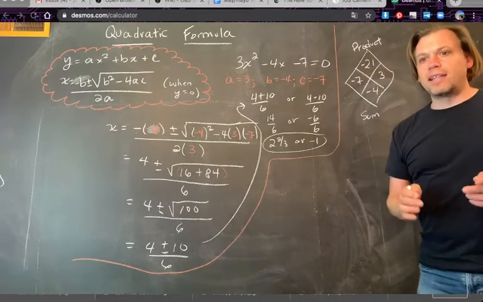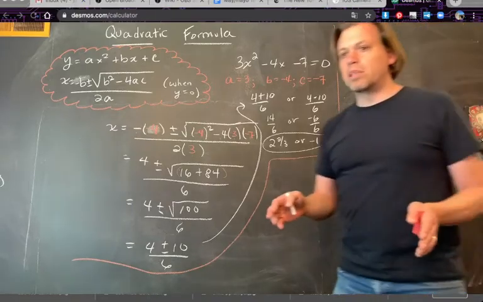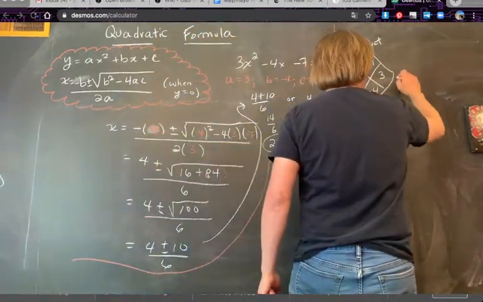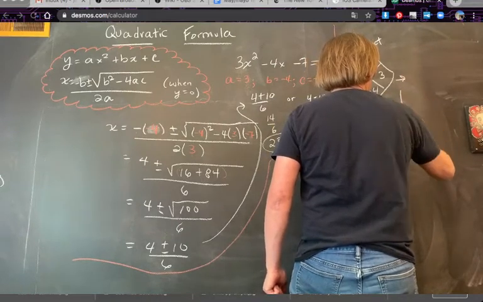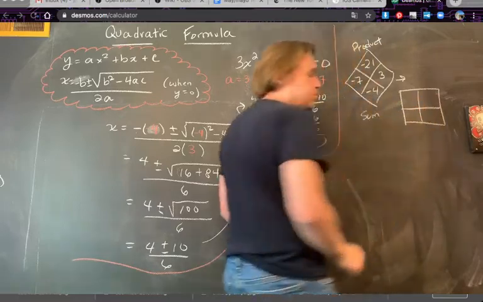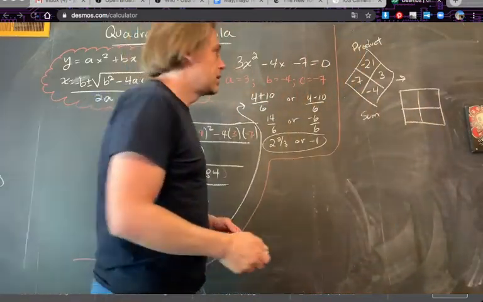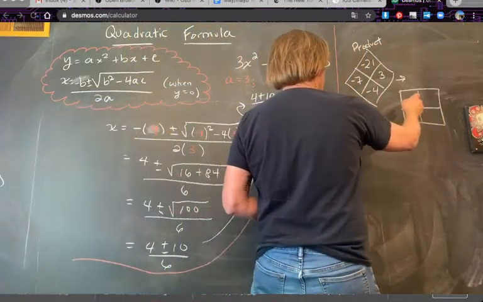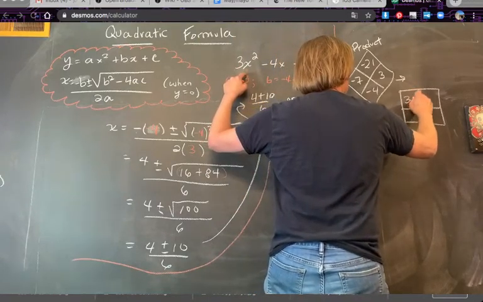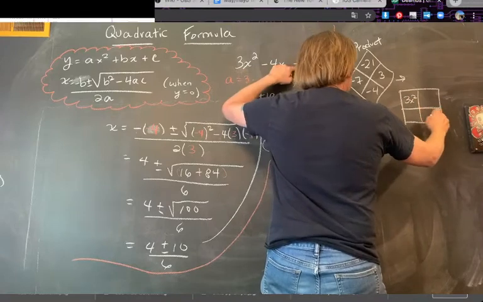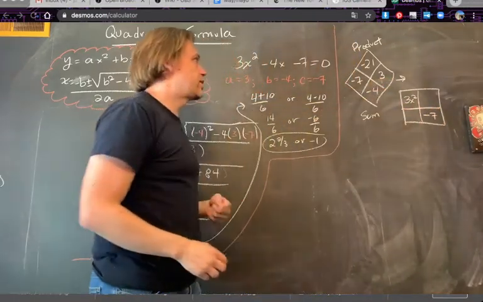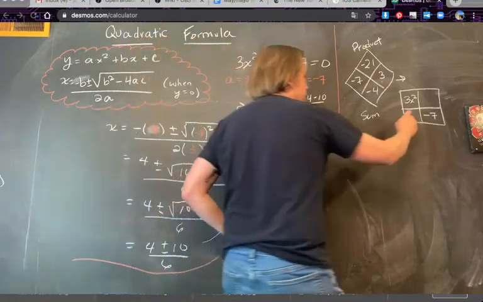Then to factor these, we built these squares right next to it. Where this was 3x squared goes in this one, and then the negative 7 goes down here. And the two numbers we just found, the negative 7 and the 3, they go here.